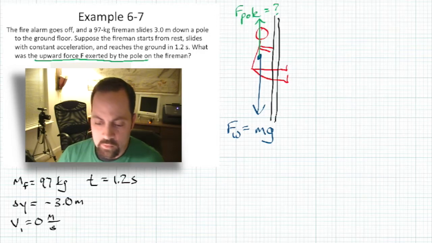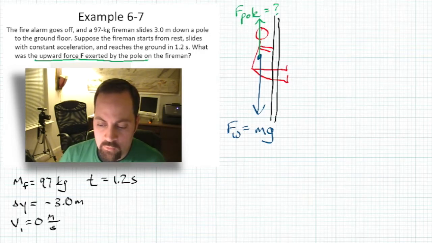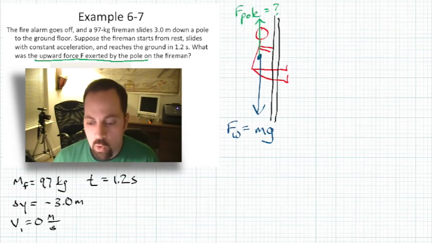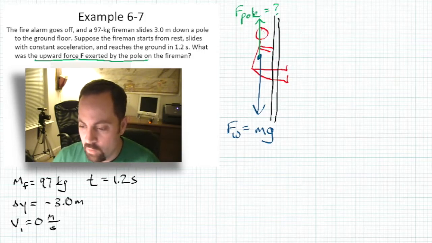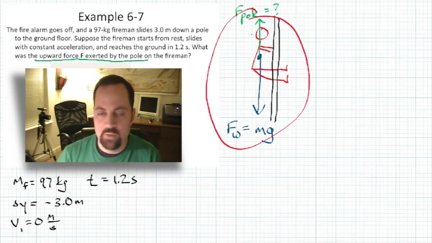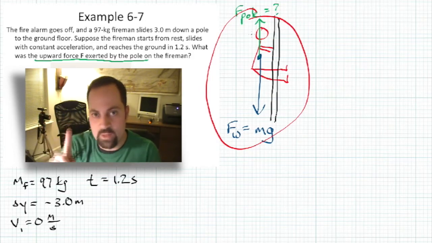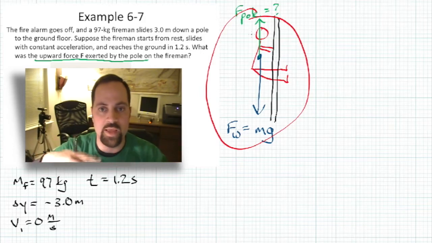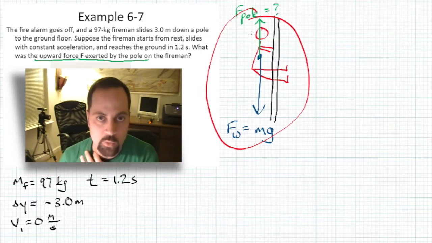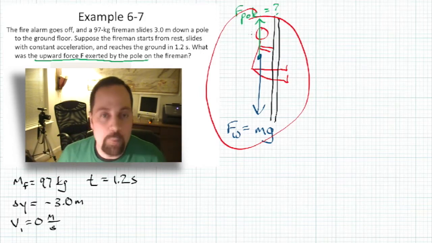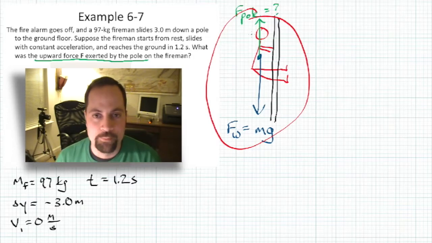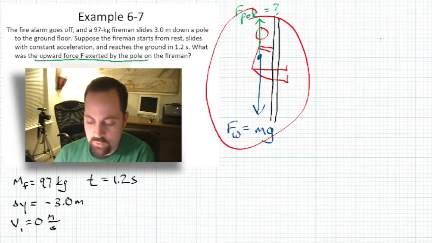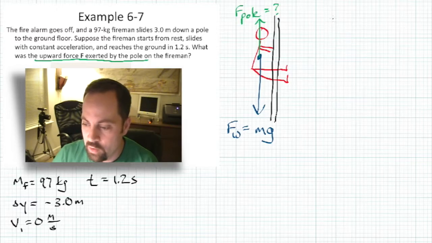So we know that for this whole system right here, if we take the whole fireman, the downward force because of gravity, the upward force because of the pole, and we add them all up, when we sum all the forces up, that's what I'm looking for, we get a net force on this whole system, right? In red, I'm going to write the net force.